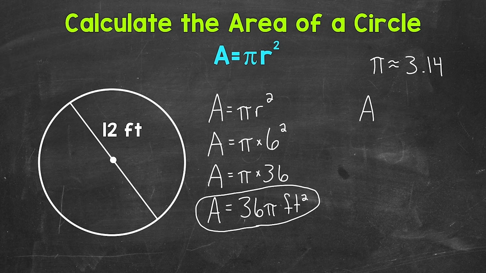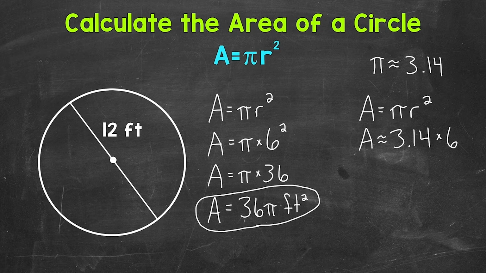Let's write out our formula, which is area equals pi r squared, and then we can plug in. So area is approximately, I'm going to use the approximate symbol there, because again, we're using an approximate version of pi, so we are going to get an approximate area. Let's plug in 3.14, and then multiply by our radius, which is 6 squared.